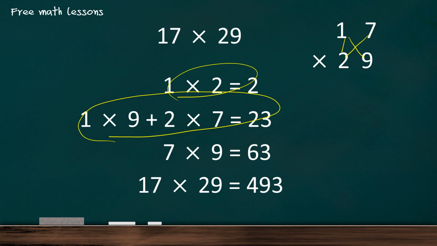Second, you put a cross in the middle. You get 1 times 9 plus 2 times 7, which is 9 plus 14, which is 23. Finally, multiply 7 times 9, which equals 63. Then, simplify the result to get the answer.